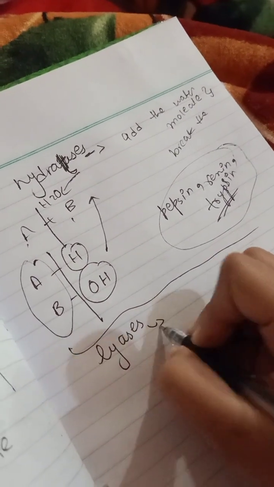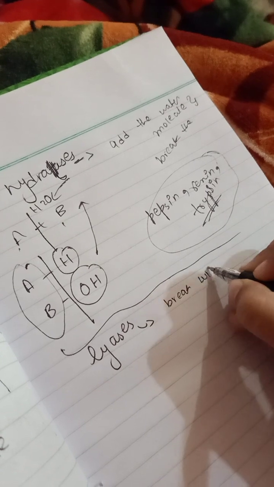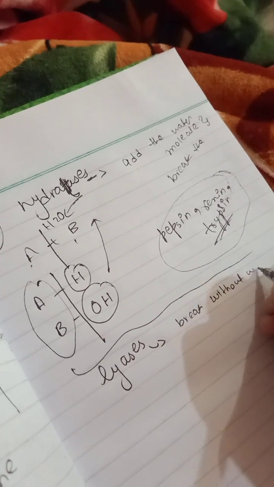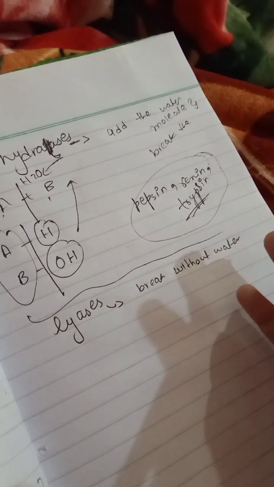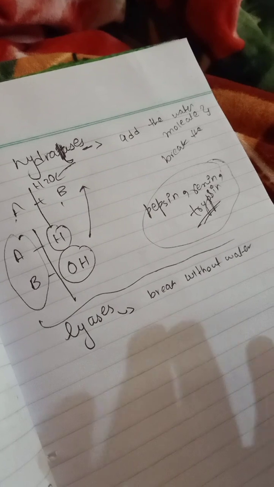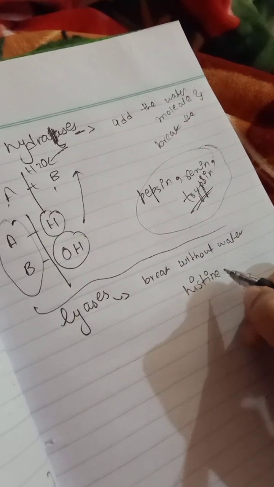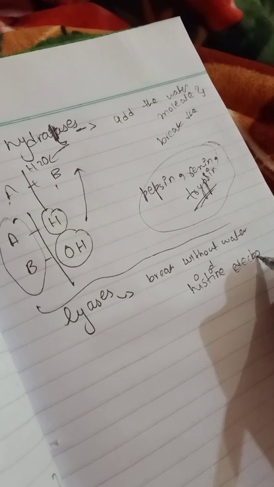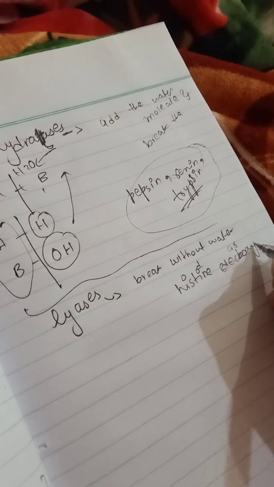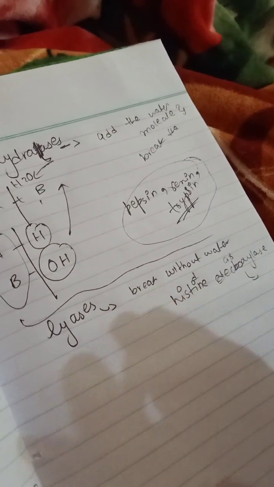What does it mean? It means the bond will break, but without water. These enzymes break a specific covalent bond without hydrolysis. For example, histidine decarboxylase, in which carbon is removed in the form of carbon dioxide.